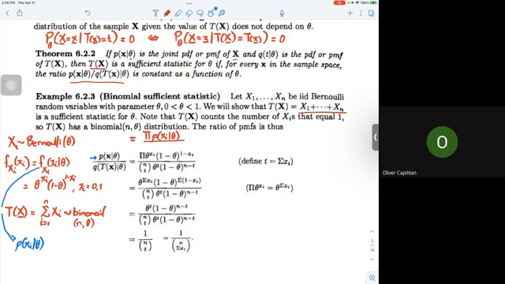Eh, binomial naman yung sufficient statistic natin. So ito yung kanyang PMF: combination of n things taken t at a time, the probability of success raised to t, the probability of failure raised to n minus t.